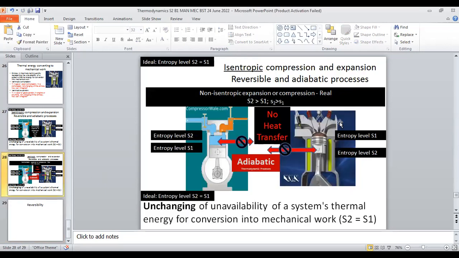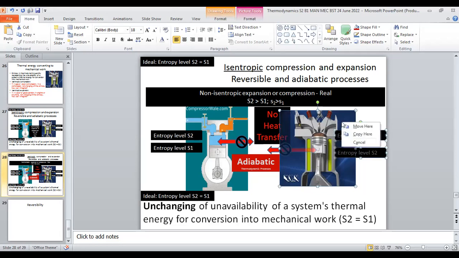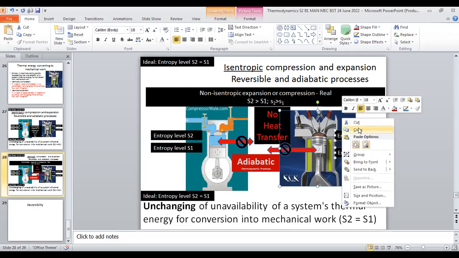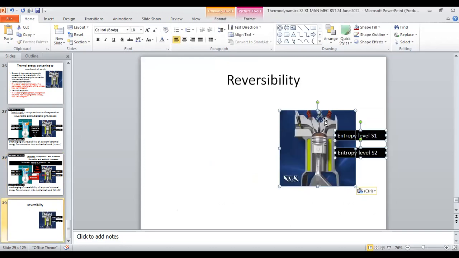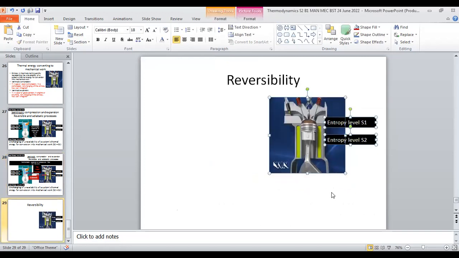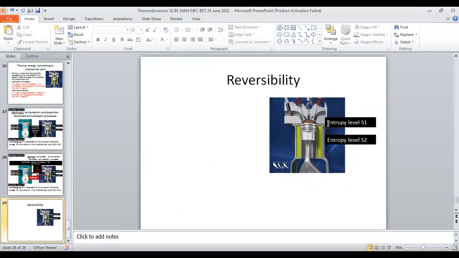Let's say this we consider as state 1, before expansion.